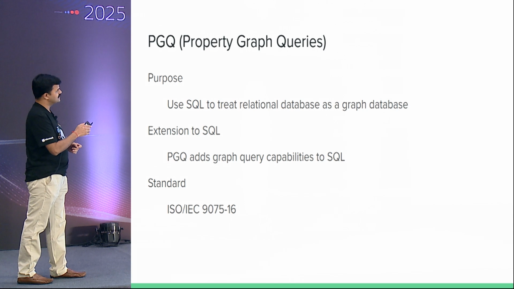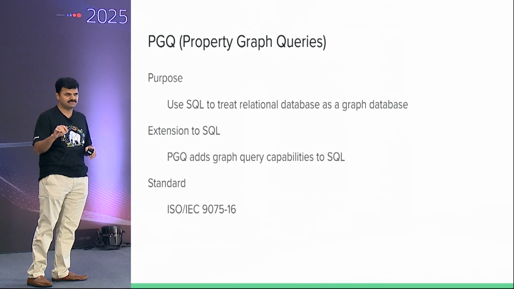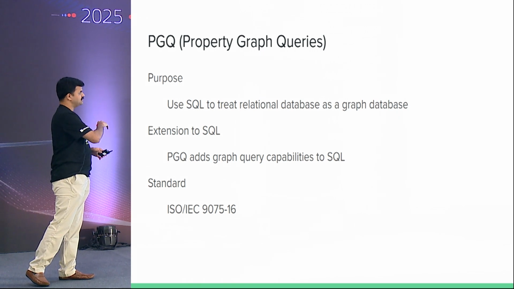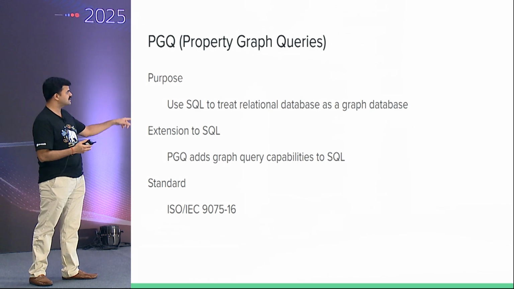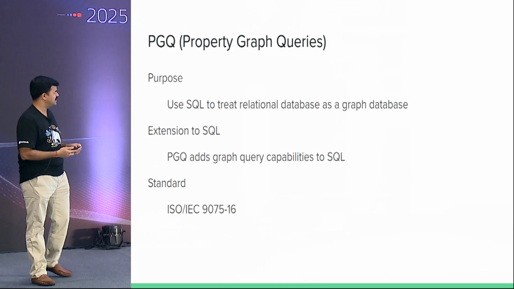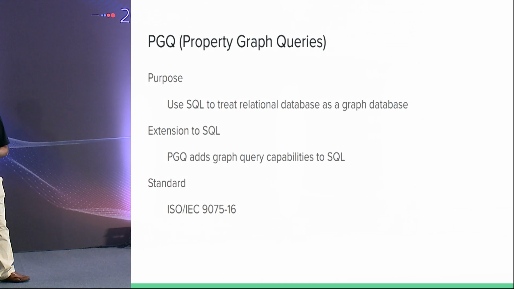And what it does, it maps a SQL or a relational database to a graph database. It can be used to view the relational database as a graph database and then query it. It's mainly for query, not so much for the manipulation.